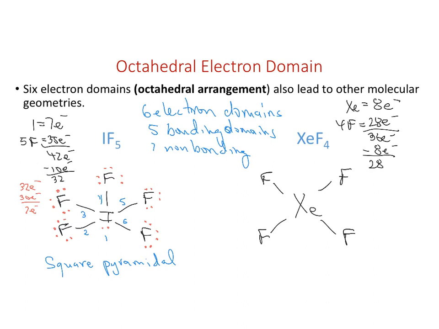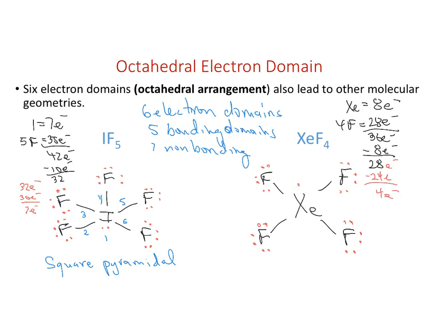I'm going to fill the octet of fluorine. So 6 more electrons for each of the fluorines, and I have 4 fluorines, so 6 times 4, 24 more electrons I'm assigning right now. So 28 minus 24, I've got 4 electrons left.